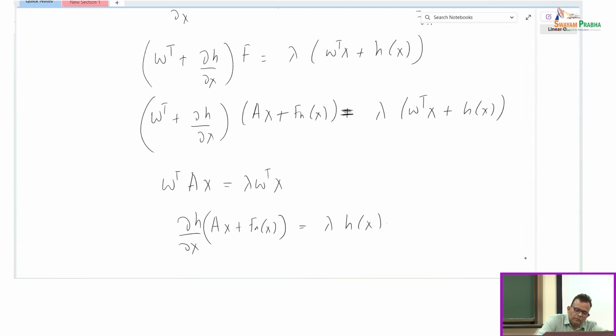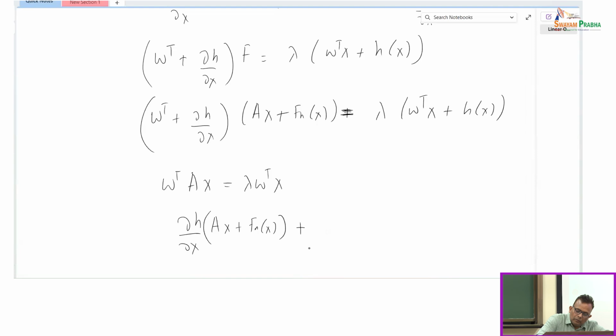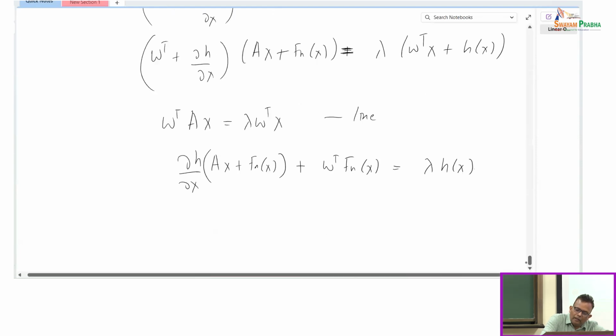Am I missing some terms? Yes, sorry, I'm missing a term. Plus W transpose Fn of x equals lambda H of x. Okay, so this is the linear part. This is the nonlinear part.